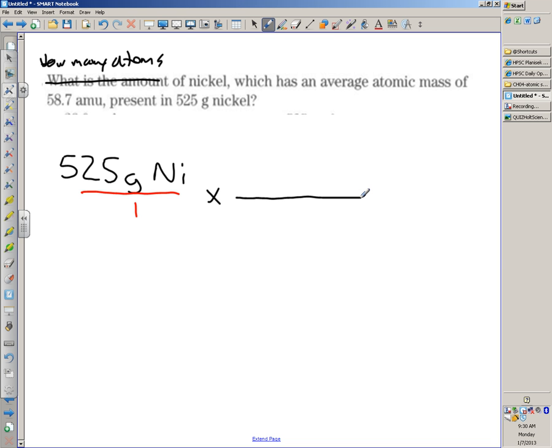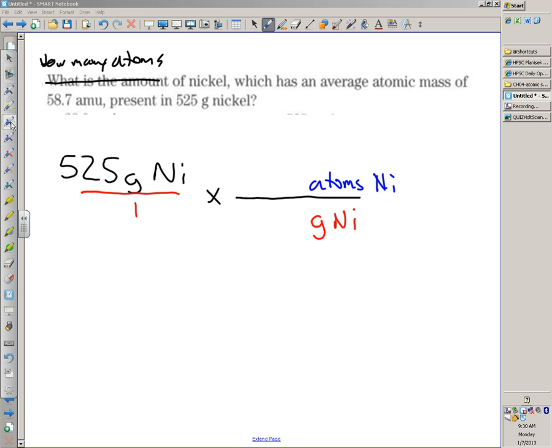So first, if we set up units, grams of nickel should go on the bottom. And then atoms of nickel will go on the top. Because we're trying to get rid of grams, we're trying to go into atoms. That's what the question has asked us to do.